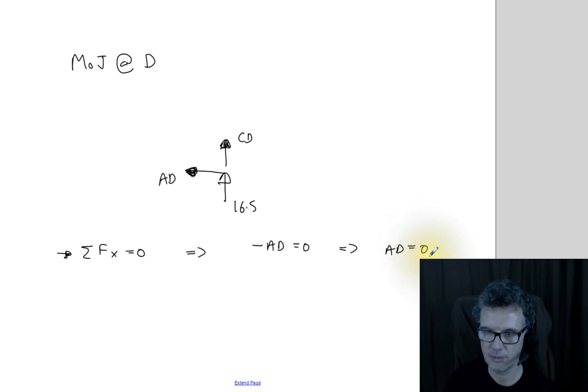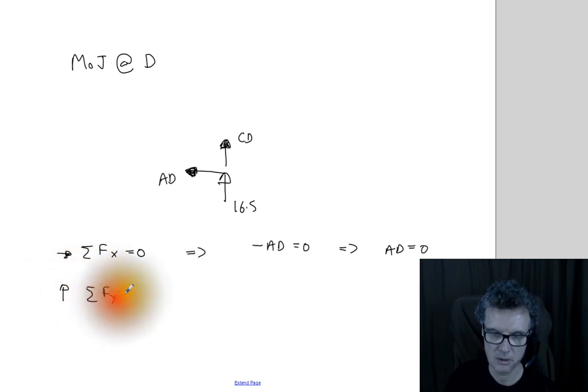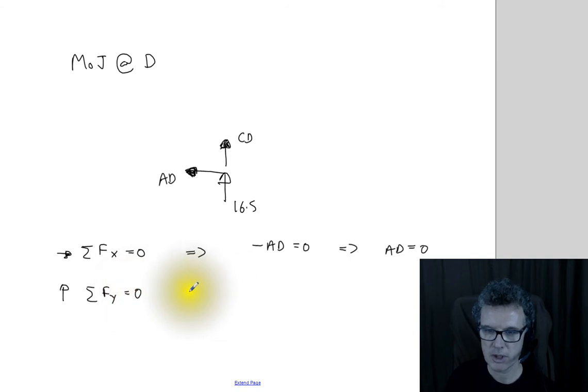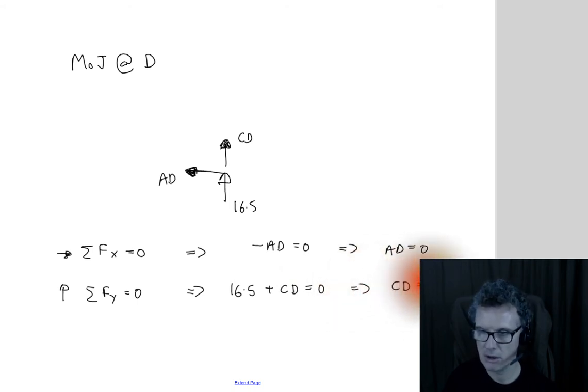Okay. Now let's resolve the forces in the y direction. So therefore I've got a force going upwards, 16.5, and another force, CD, going upwards. So therefore CD is going to be minus 16.5 newtons.